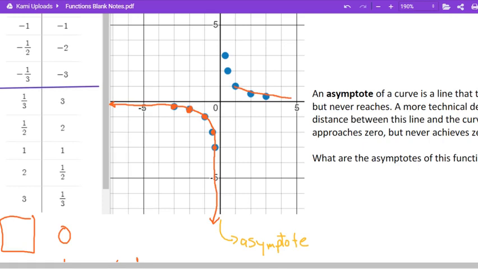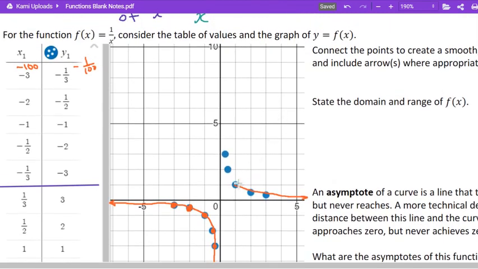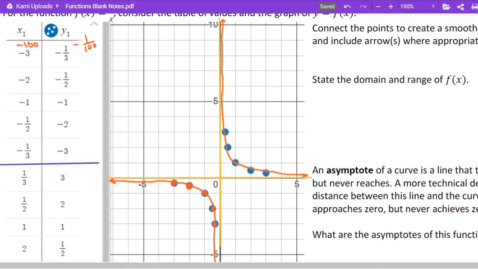It gets closer and closer to the x-axis, and closer and closer to the y-axis, but it never actually reaches those axes. It never touches them because we have an asymptote for the y-axis and an asymptote for the x-axis. Okay?